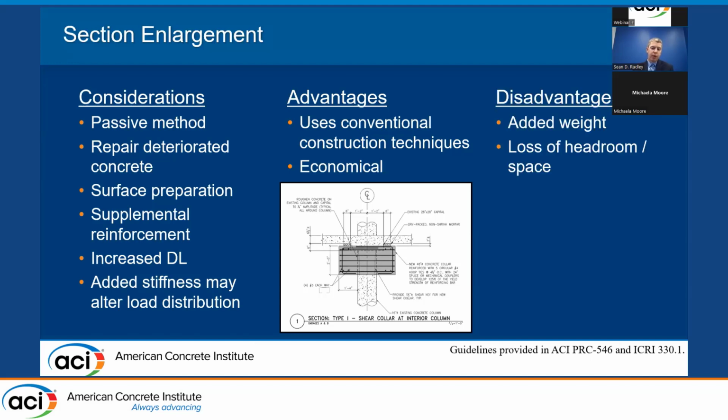However, as noted, we have to deal with added weight and also loss of headroom and space. And you can see this in the figure below, where we've got a shear collar at the underside of a slab, where we need to think about how that shear collar may or may not affect the headroom or the area around the column. Further guidelines are provided in ACI 546 and ICRI 330.1.